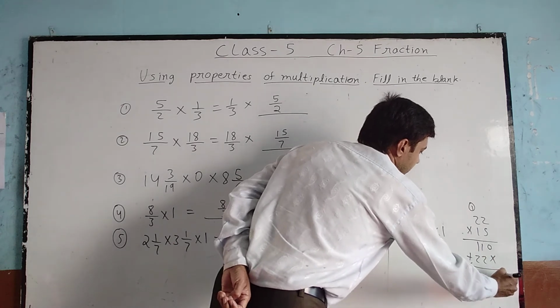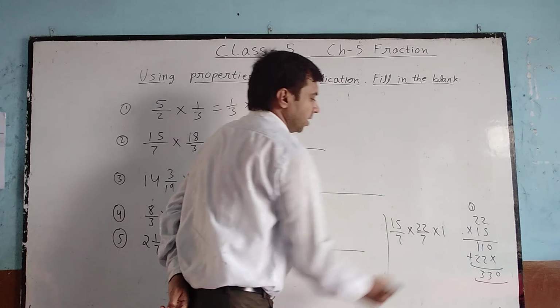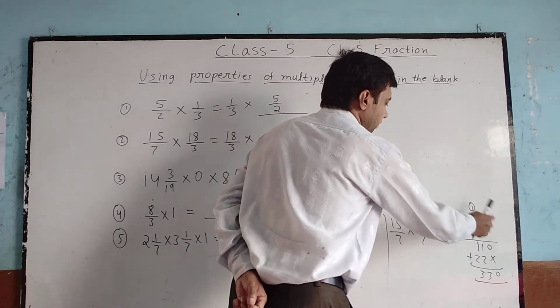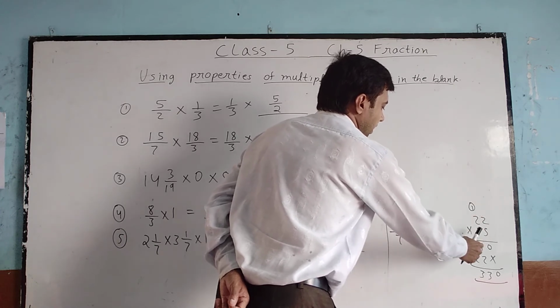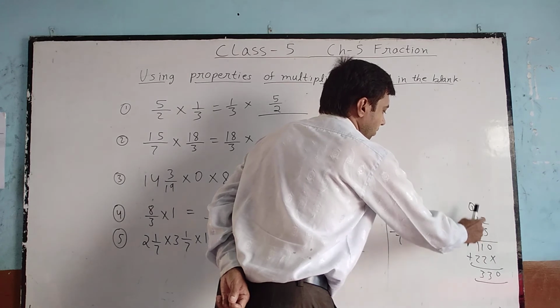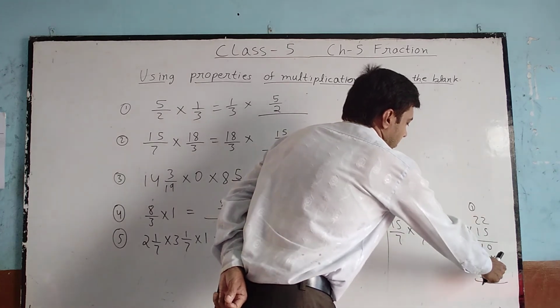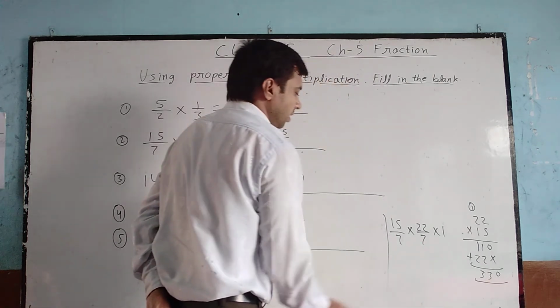Now add it. 0, 2 plus 1 is 3. That gives 330. Once again 5 twos are 10, write 0 here, 1 carry. 5 twos are 10, 10 plus 1 is 11. Write 11 here. Now 1 multiplied by 2 is 2. Now 0, 2 plus 1 is 3. 330.